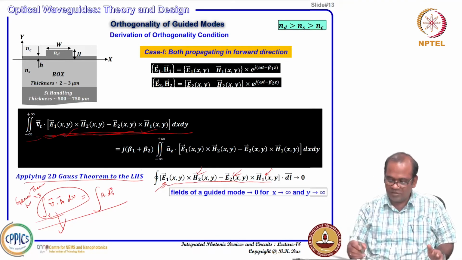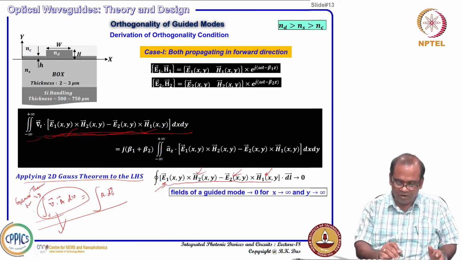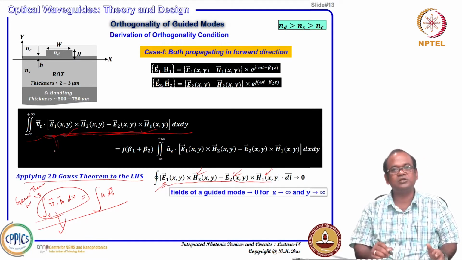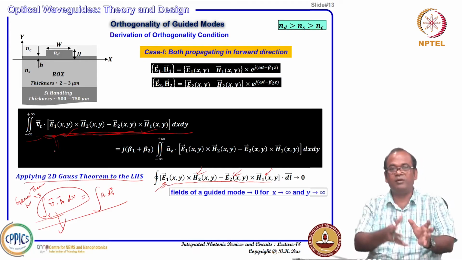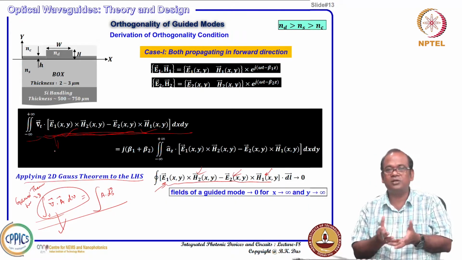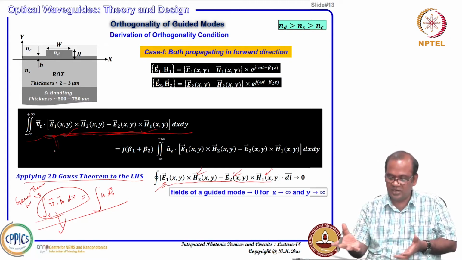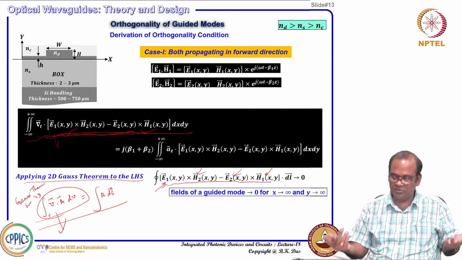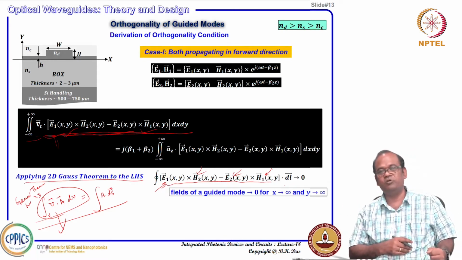So the left hand side, if you apply Gauss theorem, you can directly use it. Gauss theorem on the left hand side actually helps to simplify; the right hand side I am keeping as it is. So if I extend the left hand side from minus infinity to infinity, obviously it is 0, no doubt about it.